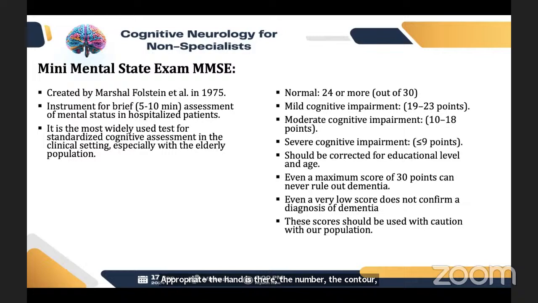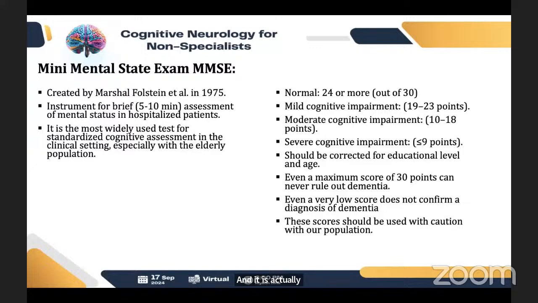The Mini-Mental State Examination was created in 1975. This instrument takes 5 to 10 minutes to administer, and it is widely used with elderly patients.